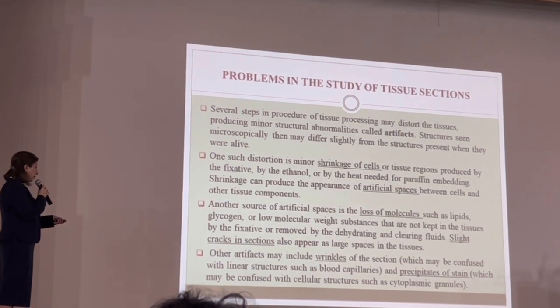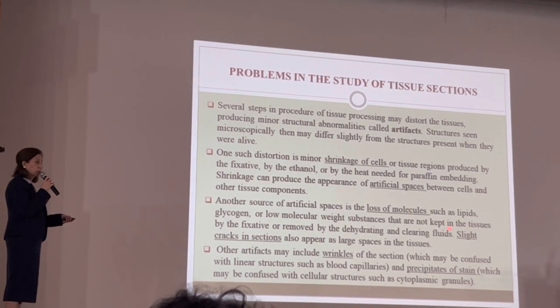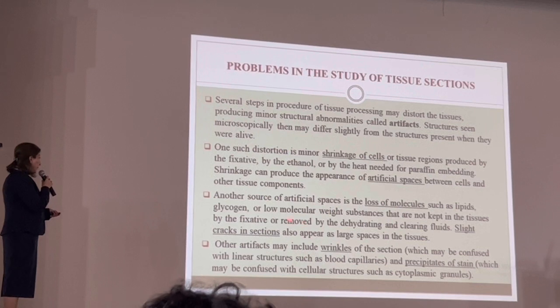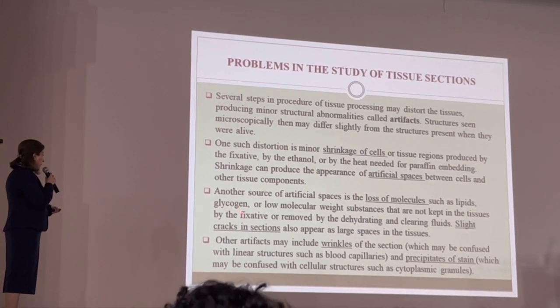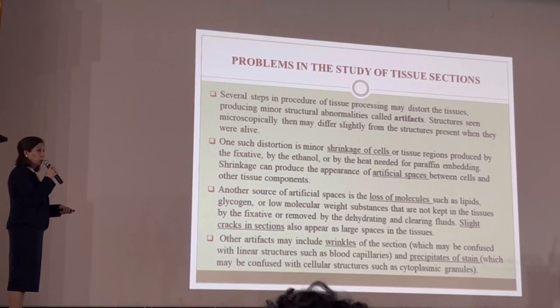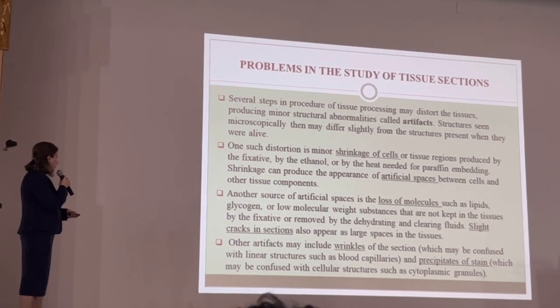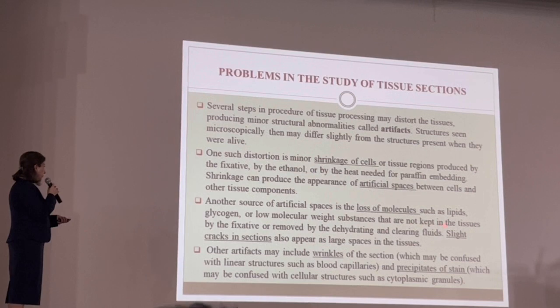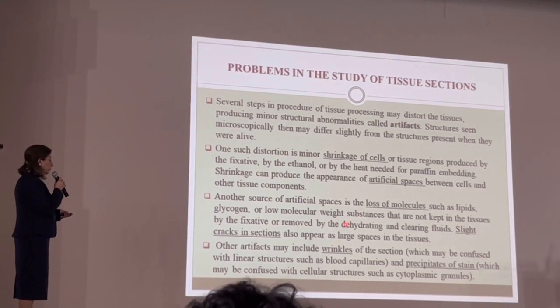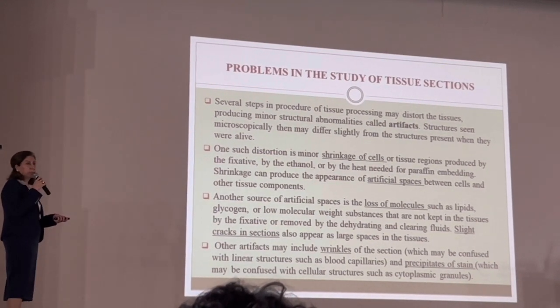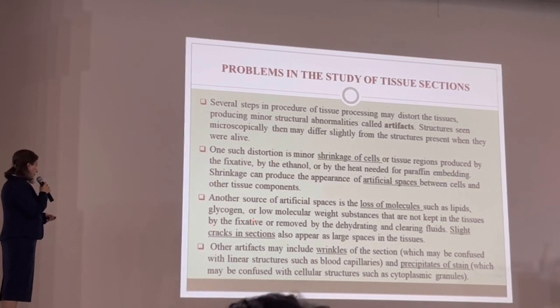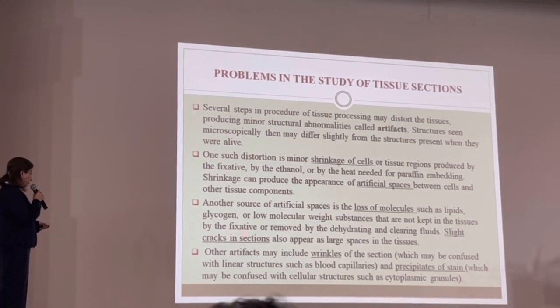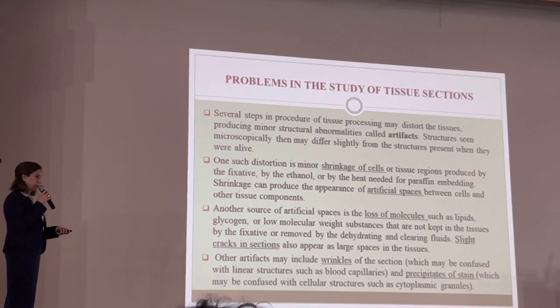Again, it might occur during the process of tissue processing. Sometimes we use glycogen, sometimes we use lipids, sometimes we use different granules or low molecular weight substances that are not kept in the tissues by the fixative or removed by dehydration or even by the cleaning process. And it will make tissue appear not ideal.